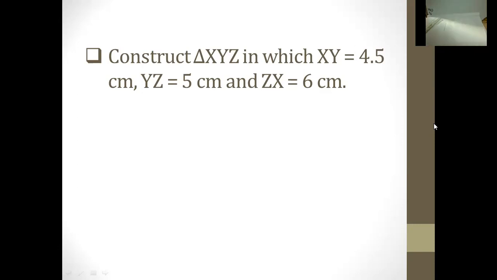This is 5 centimeter, that is YZ. After that, they asked us to open the compass for 6 centimeter. We could be opening it for 6 centimeter and put the arc somewhere.